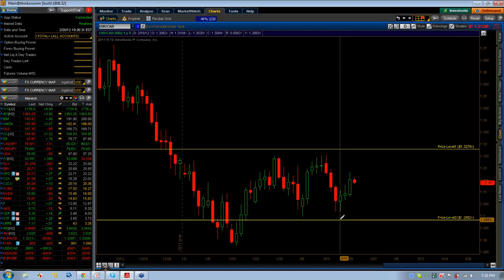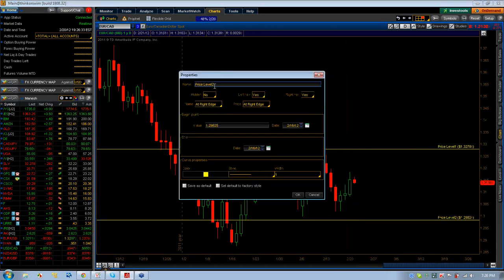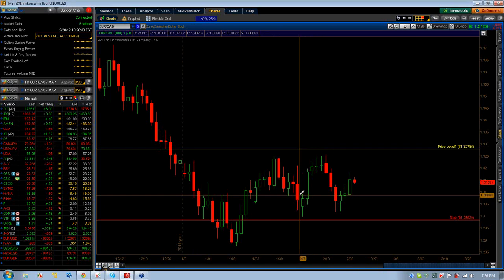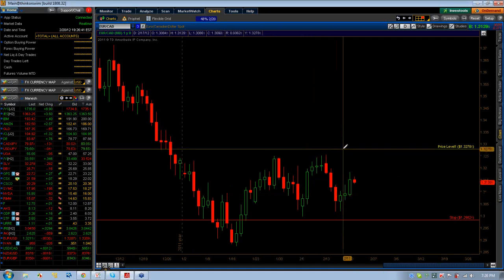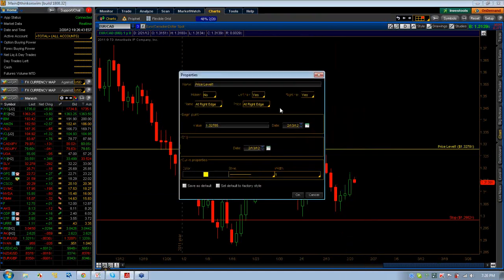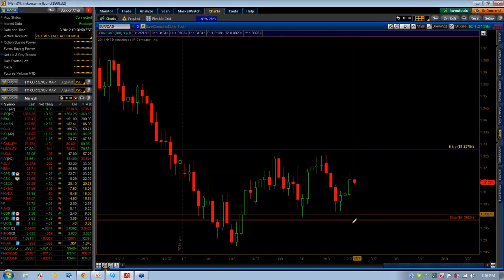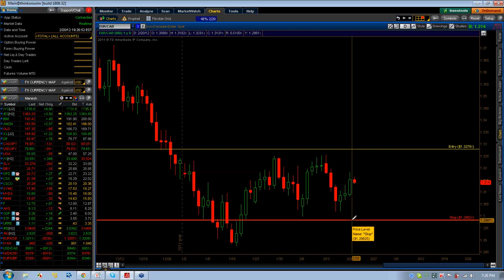So this would be your stop. This is the simplest form of technical analysis, and of course, you could use any other system for entries and stops for money management. But this is the simplest form I'm going for right now, which is pure price action.